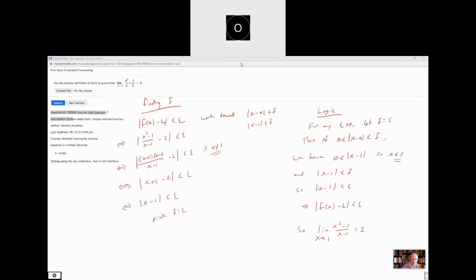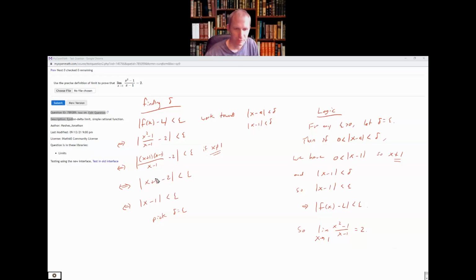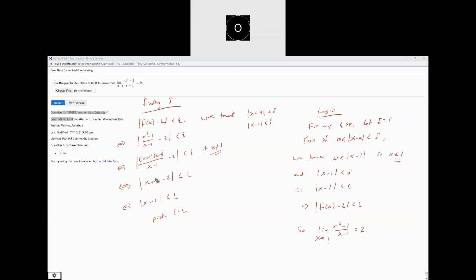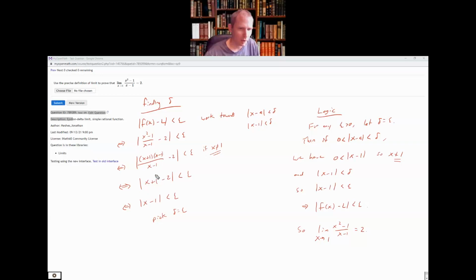So for that step where you say x can't be equal to 1, you technically can't do that math because it's not in a limit. So you have to actually mention that in this question, right? Yeah, because these two expressions are not equal when x is equal to 1.